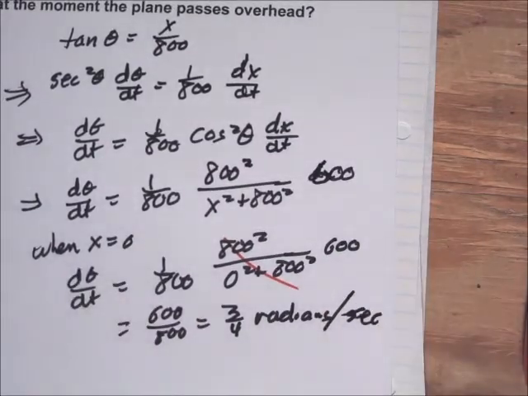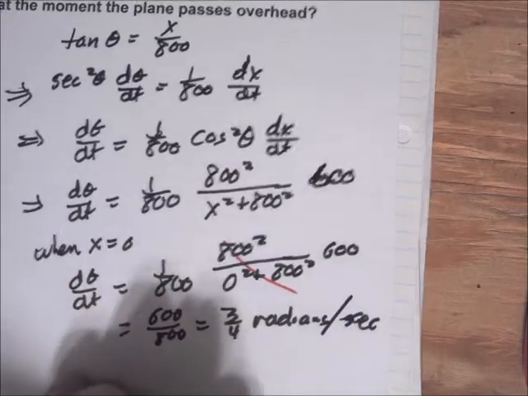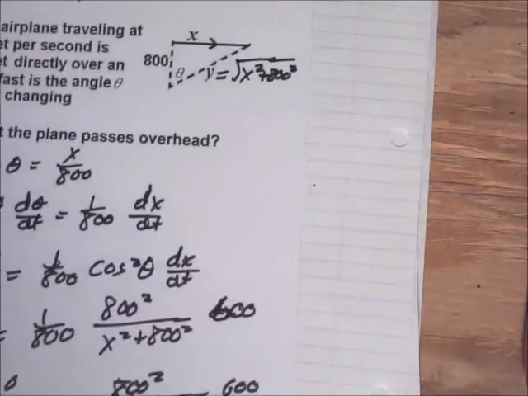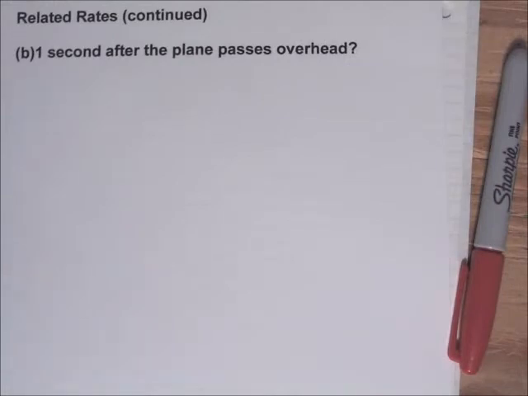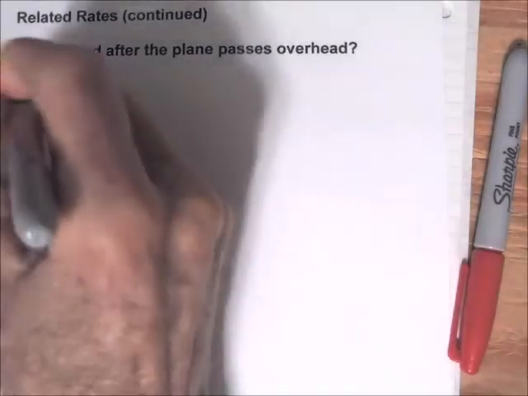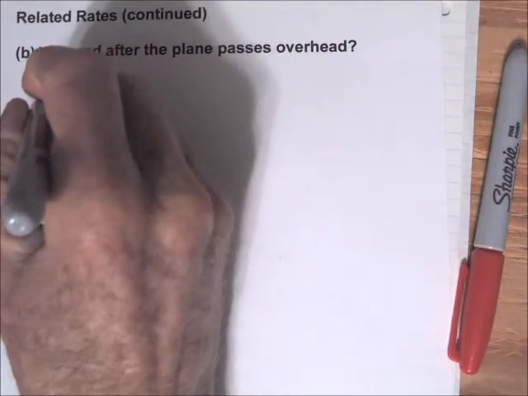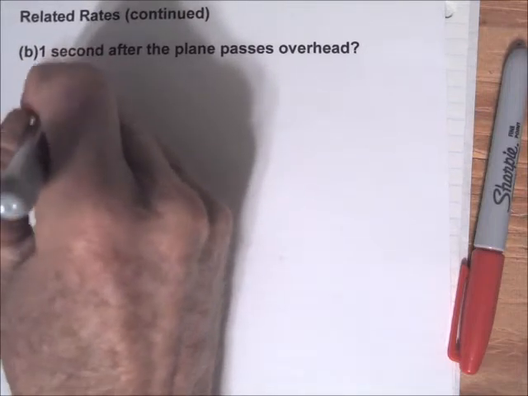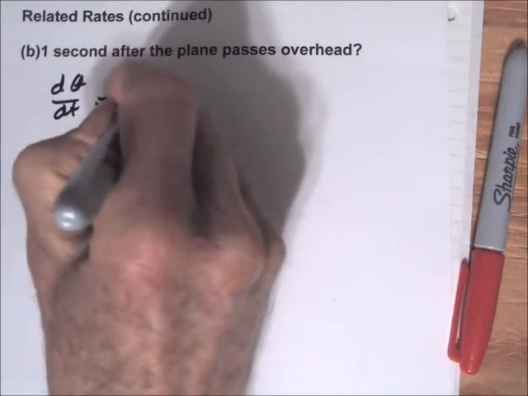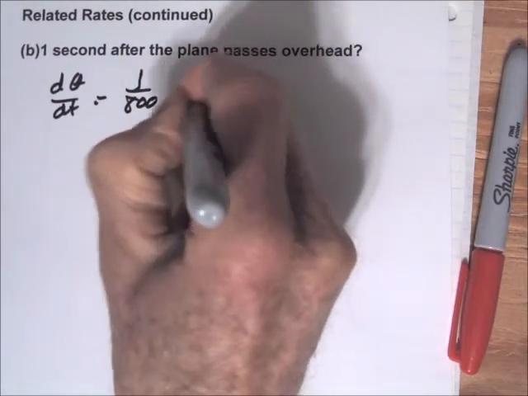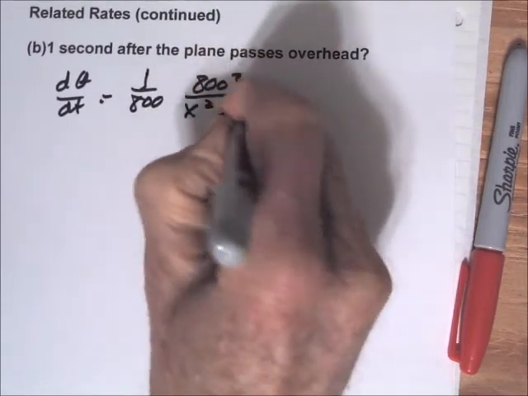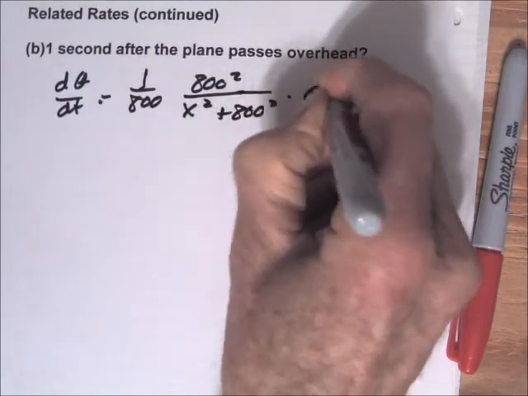Okay, so that's how fast the angle is changing at the moment the plane passes overhead. 1 second after the plane passes overhead, we can use the same formula for d theta dt: 1 over 800 times 800 squared over x squared plus 800 squared times 600.